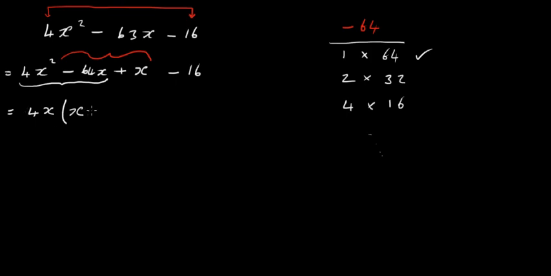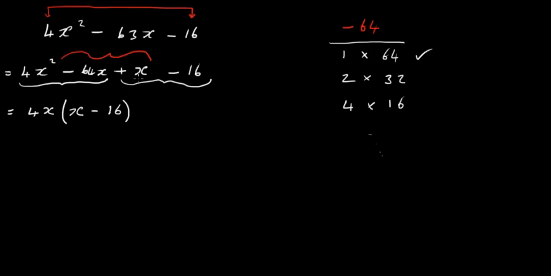I have a plus here, so I need to multiply by a minus to give me a minus, and 4x divided into minus 64x is going to be 16. So in other words, 4x times x will give me 4x squared, 4x times minus 16 will give me minus 64x.